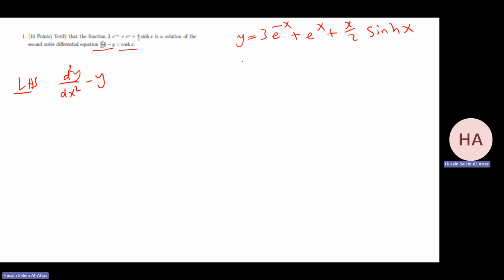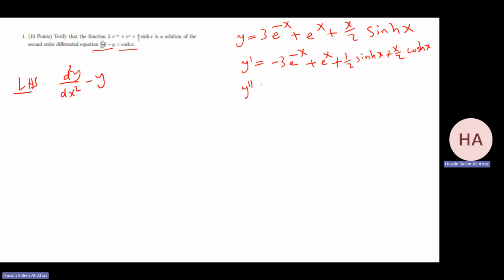So I need to find the first derivative. That will be what? Minus 3e to the minus x plus e to the power x. Here I have a product rule. So this is plus half sine hyperbolic x plus x over 2 cosine hyperbolic x. We'll see later, using the formulas for sine hyperbolic, what will happen.